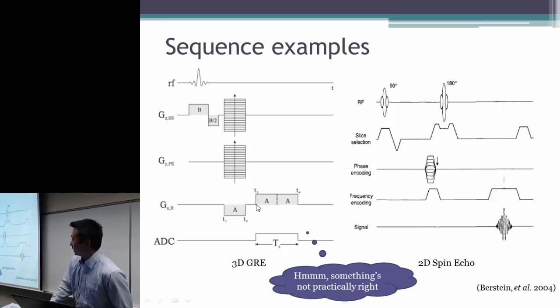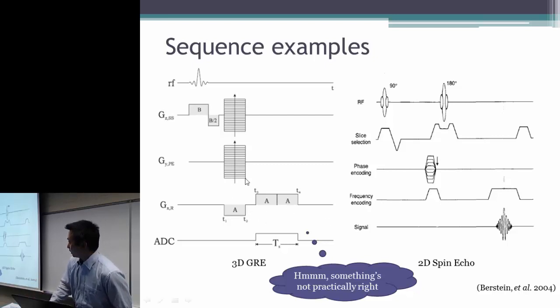So this can be a very good conceptual diagram, but practically when we are doing the sequence design, we need to take into account that the slew rate cannot be infinitely fast. So we will need to specify the slew rate, which gives you a time for this ramp up and ramp down.